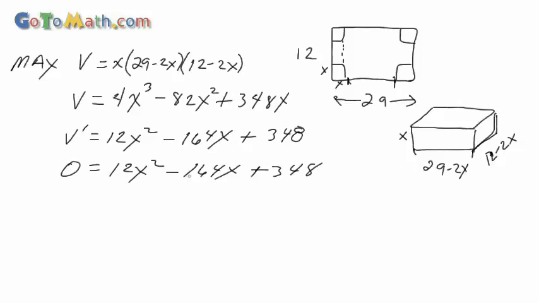I guess you need to use the quadratic formula. Do we remember what that is? If this were A, B, and C, it's negative B plus or minus the square root of B squared minus 4AC, over 2A.